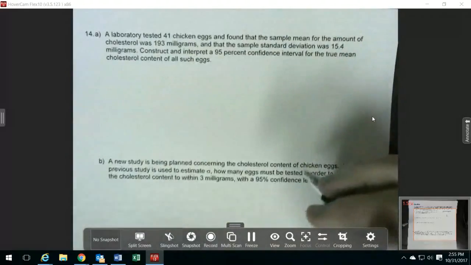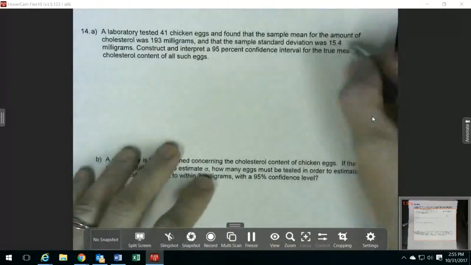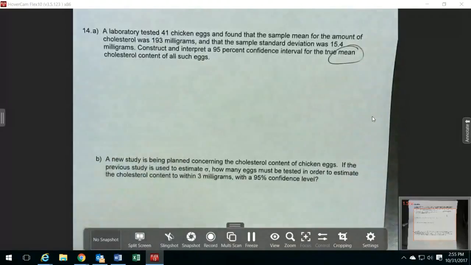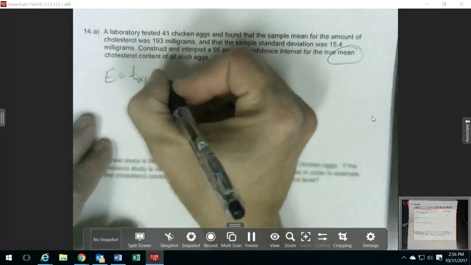Okay, in this next one, now I'm finding a confidence interval for a mean. So again, you want to read through the problem and make sure that you know which thing you're trying to find a confidence interval for so that you get the right formula. The formula for the margin of error looks like this.